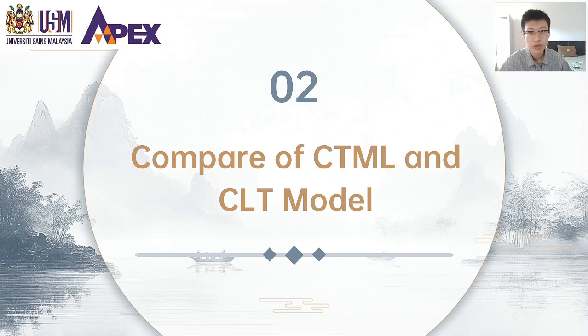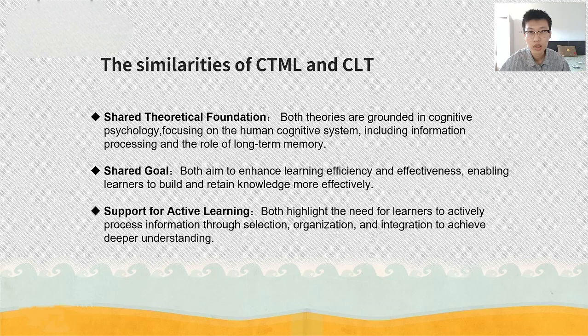So the chapter 2, comparing the CTML and CLT models. The similarities of CTML and CLT. The shared theoretical foundation: both theories are grounded in cognitive psychology, focusing on the human cognitive system, including information processing and the role of long-term memory.